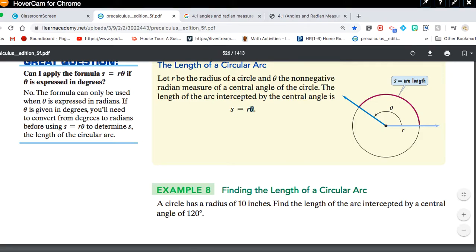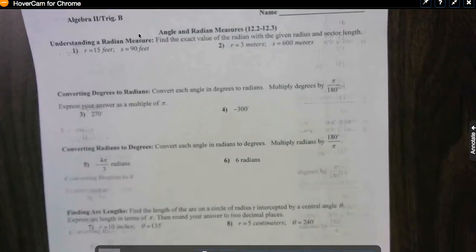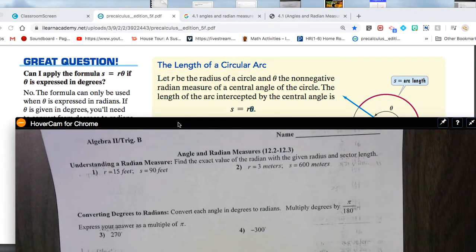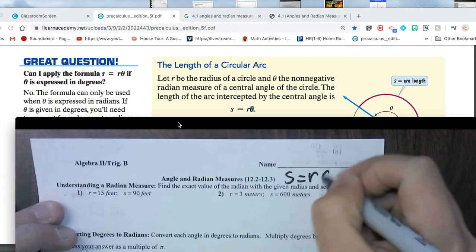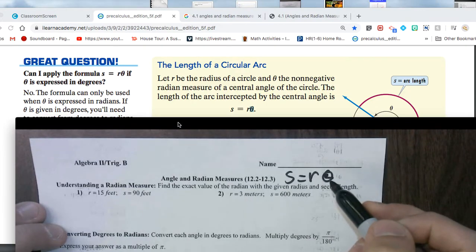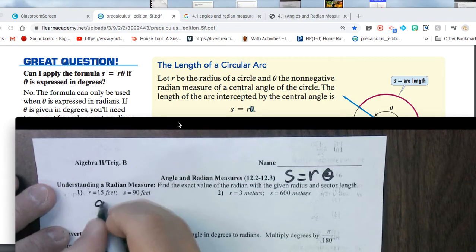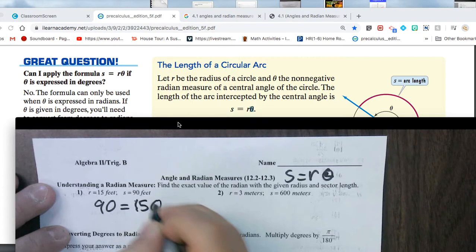Let's see some examples of this. I don't think these are too bad. So recall that S equals R times theta, so let's make a note of that. You can kind of draw this like a pokeball of sorts. If we have S as 90, this should be equal to our radius of 15 times theta.